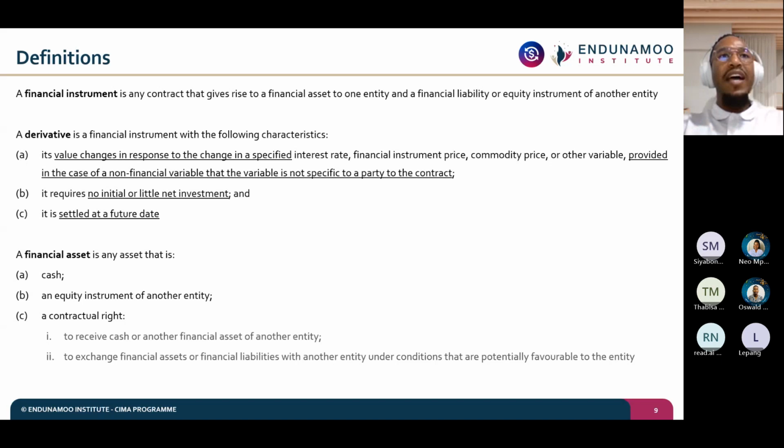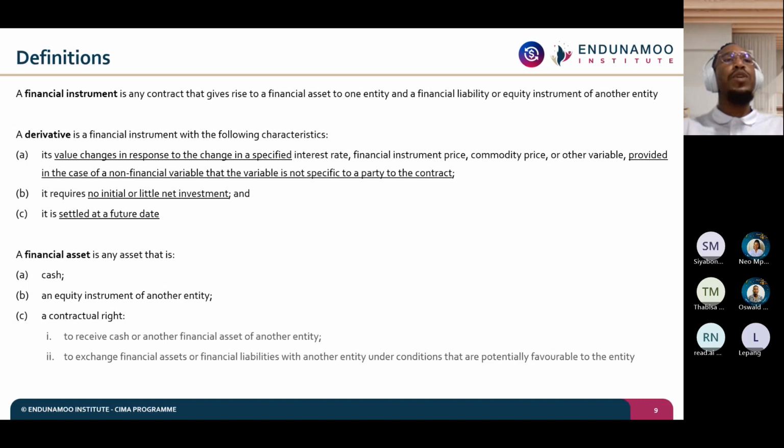So firstly, we need to have a contract, and we know that contracts are either explicitly agreed or they stem from common business practice, and are agreed to either explicitly in black and white or as per common business practice. And once a contract exists, you need to be able to demonstrate that that contract creates a financial asset in one entity's financial statements and a financial liability or an equity instrument in another entity's financial statements.